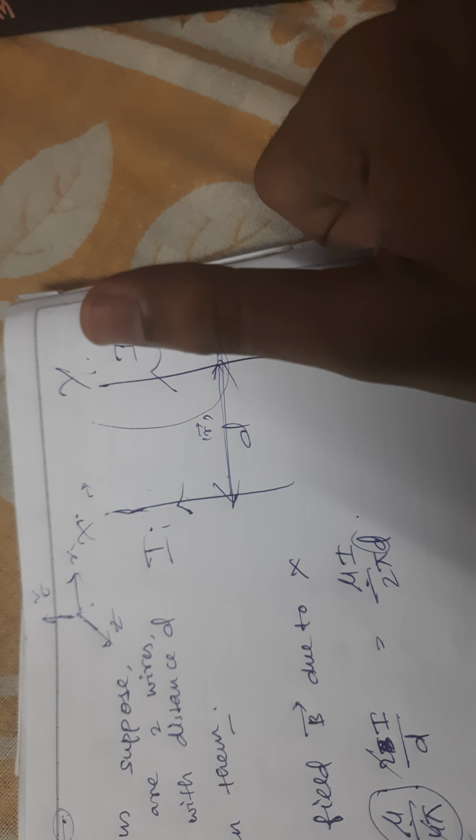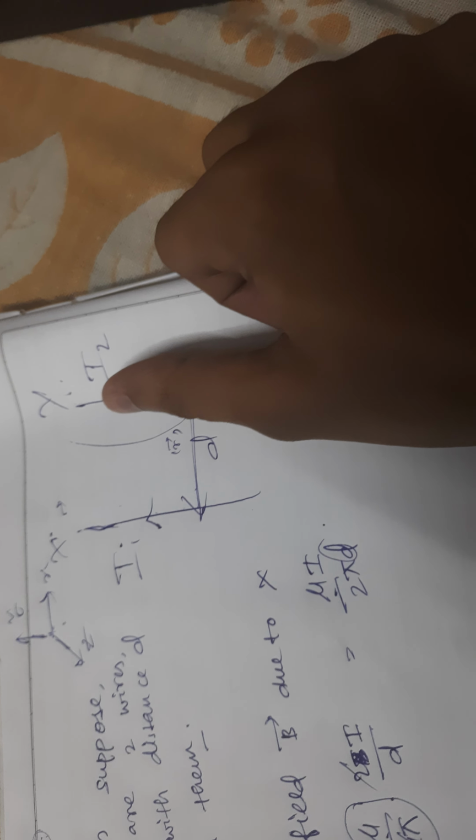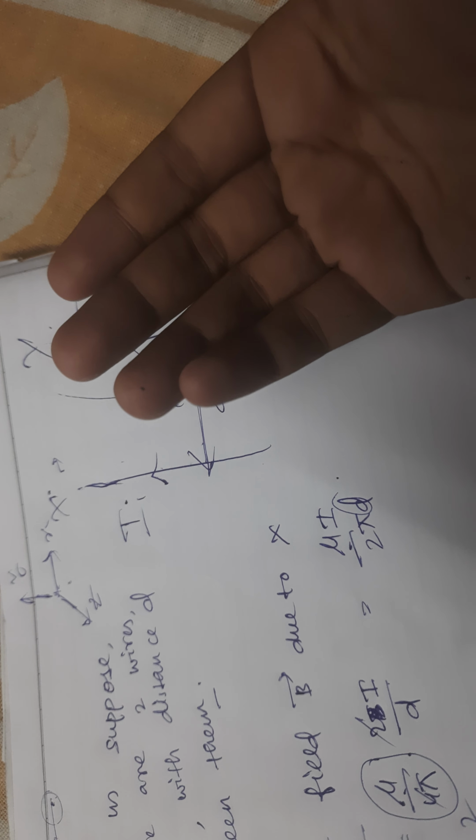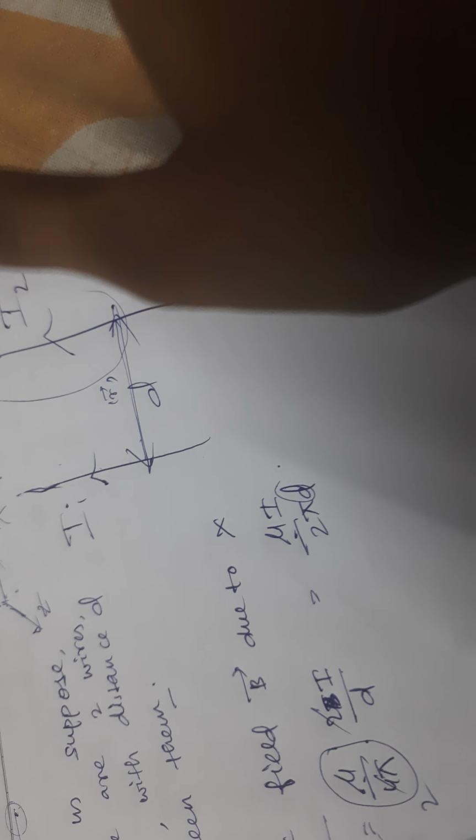See, we will have a trick: thumb where the current goes, the four fingers where the point we need to be, that where we need it, right? So this and this, it comes around like this. So the face of the palm is the direction of the magnetic field, so it's coming up like this, upwards.